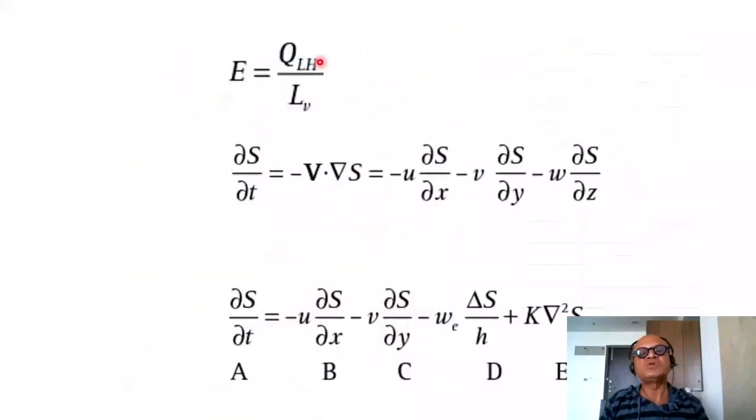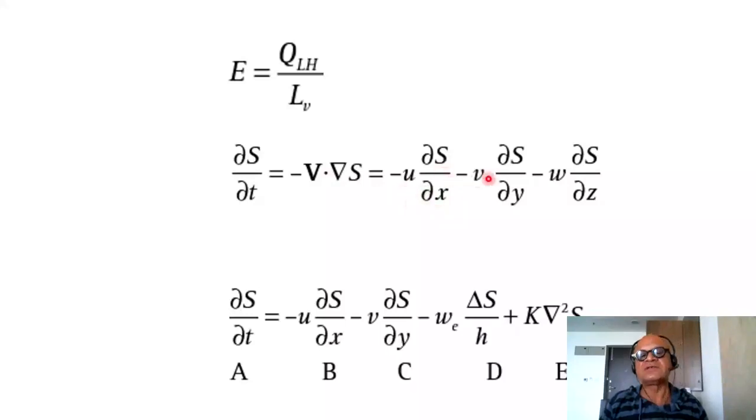So evaporation obviously is related to latent heat flux with the latent heat of vaporization, latent heat of evaporation. So E is Q_LH divided by L_V, we already saw that. ∂S/∂t, if E minus P is 0, can be just the horizontal fluxes within the mixed layer, which is similar to what we had considered for temperature.